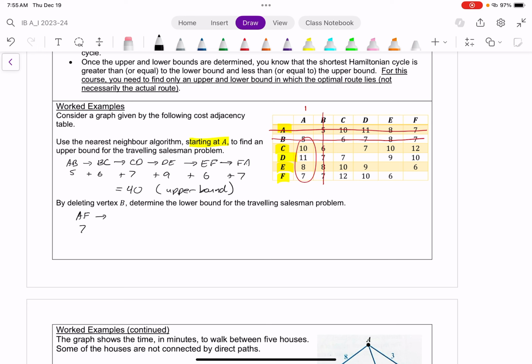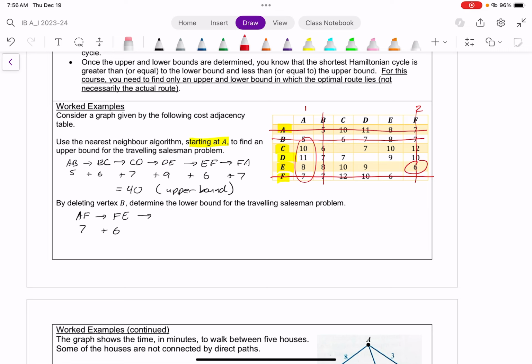And then I cross out the F, put a 2 above column F, and look at either column F or column A and find the smallest value, which in this case is that 6 right here. So I'm then going from F to E. And ideally, you've already learned this from our previous lesson, so I can do this fairly quickly.